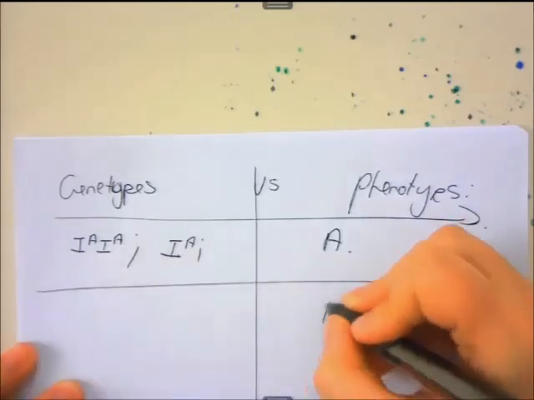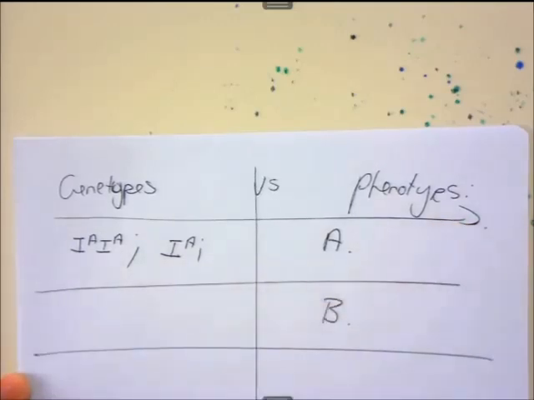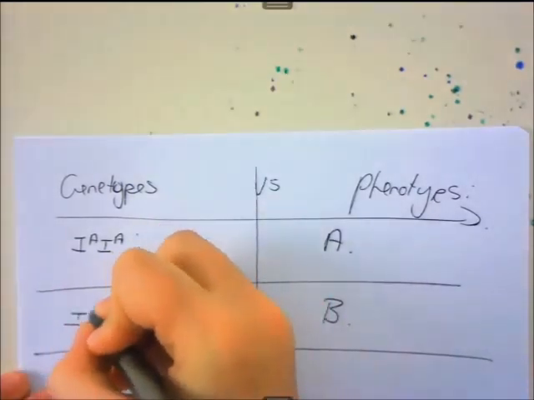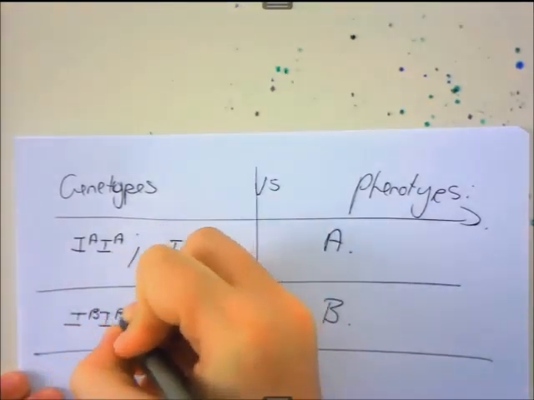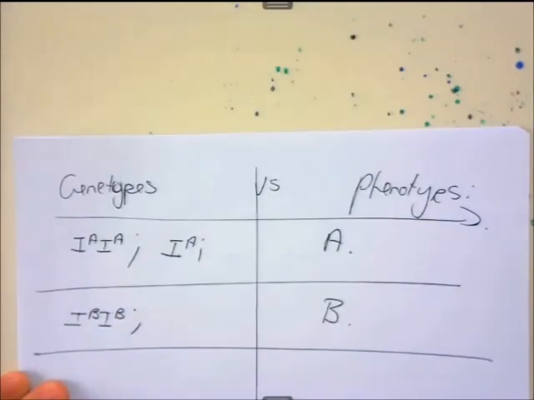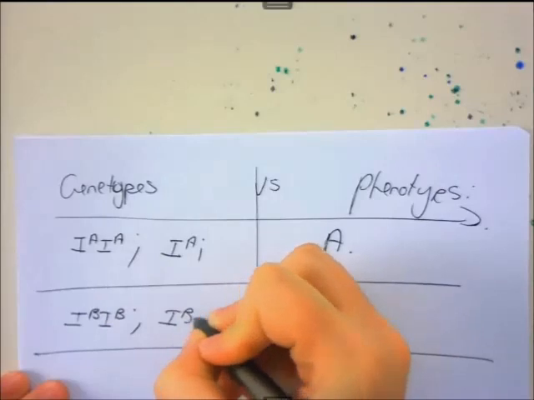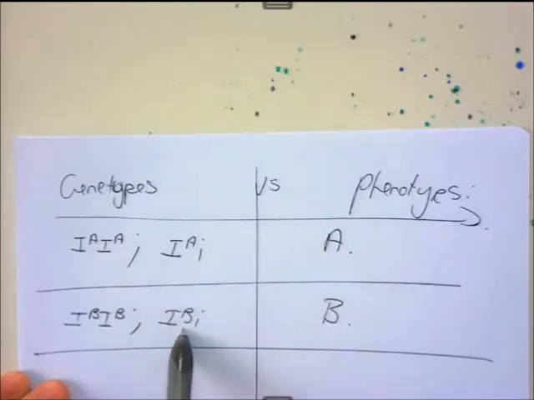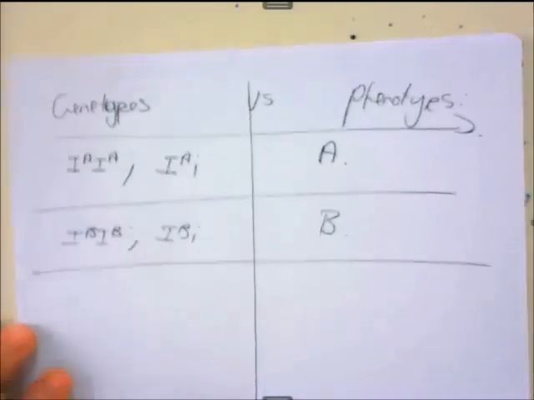If we look at blood type B, there are also two ways in which to write it. We can again have a homozygous condition, where you have two of the dominant genes together, or you can have a heterozygous condition where you have one dominant and one recessive gene together.